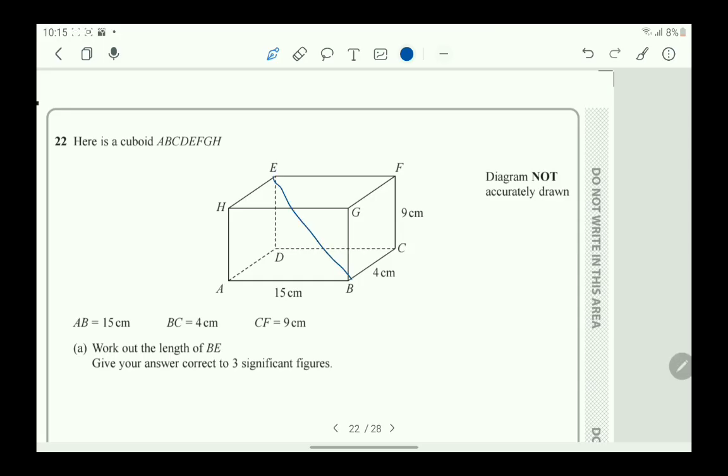So starting off, my intuition tells me that in order to find this length BE, forming a triangle EBD is very crucial. Since this is a cuboid, we know that DE is already 9 centimeters since it is equal to FC. So in order to find BD, we have another triangle. Let's just draw this out. This is DCB and BC is 4 and DC is equal to AB, which is 15.